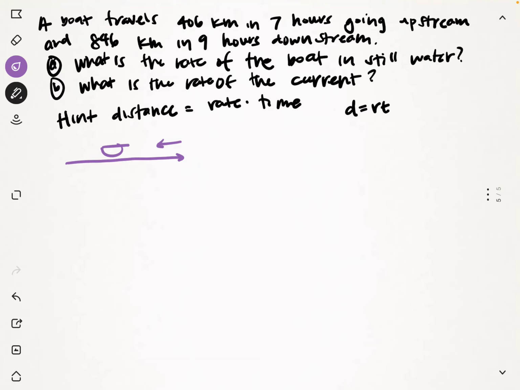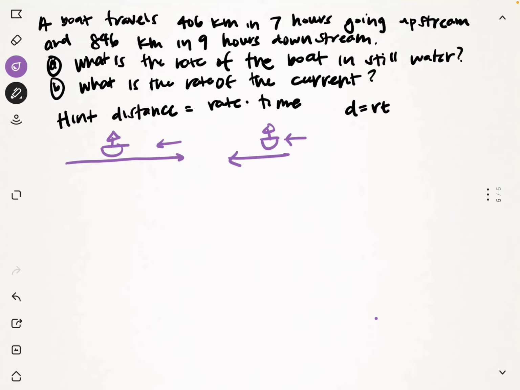So the speed of the boat is going to be decreased because the speed of the current is pushing against it. And then we have the same boat, this time going downstream. And downstream means that the current's actually helping it. So it's going to go faster because the current is pushing the boat downstream as it's traveling downstream.